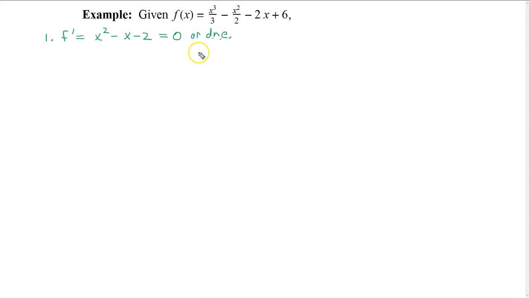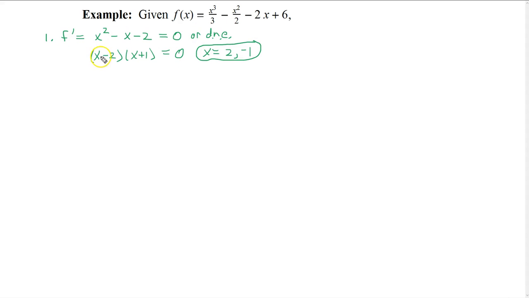Now, of course, it always exists here, so we don't need to worry about that in this case. So this is equal to 0. Now that factors, and so this has solutions x equals 2 and -1. Here are the critical numbers.